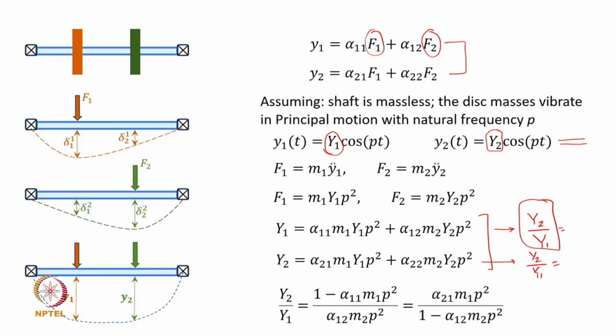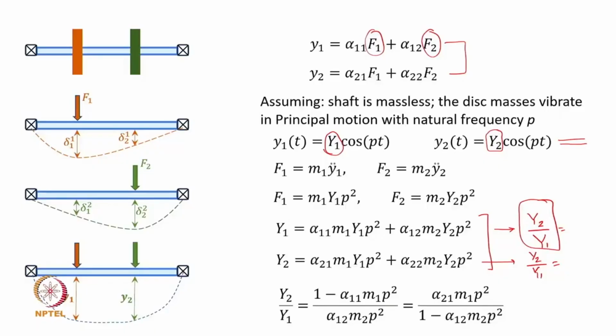They may be in phase, that means both of the disks will move together down, in one of the principal modes. In another principal mode, one disk will go down, one will go up, but the principal motion ensures that both of them will reach their maximum positions at the same instant of time, and their oscillations will have the same period. Okay. Right. So, these are essentially the mode shapes for this system, and by equating the two right hand sides, this is what you can get.